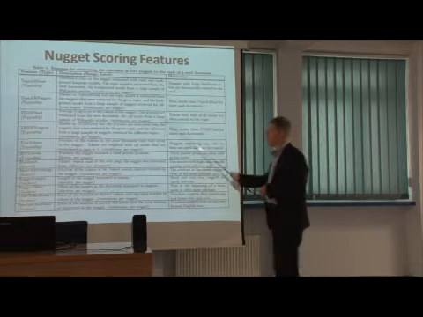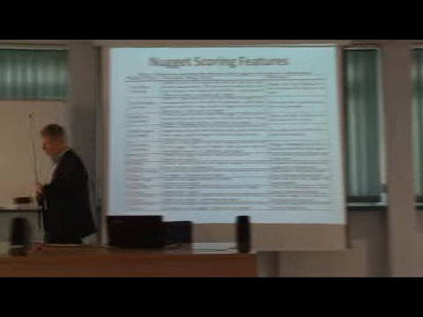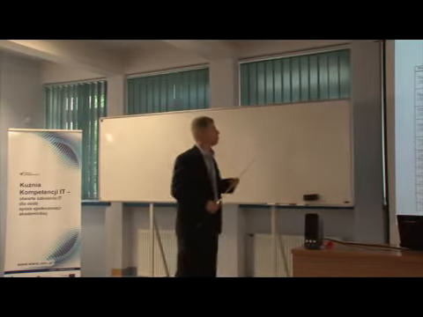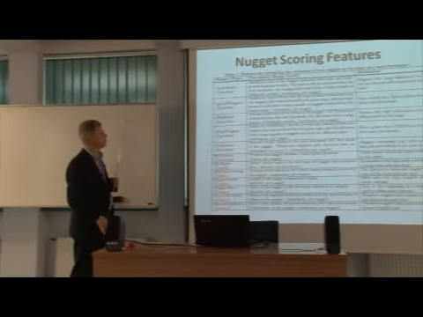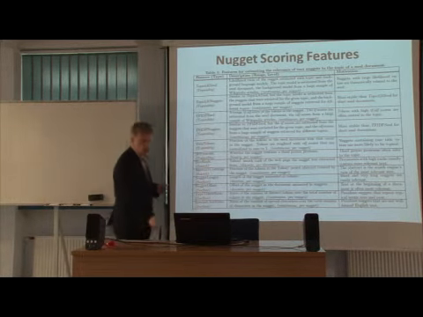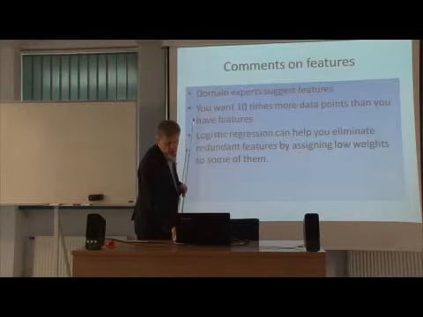These are very complex features, and obviously it would be very difficult for a human to decide which of these are more important and how important they should be. Therefore, machine learning was used and the information was aggregated using logistic regression.